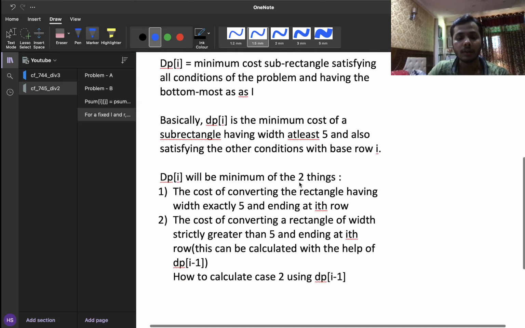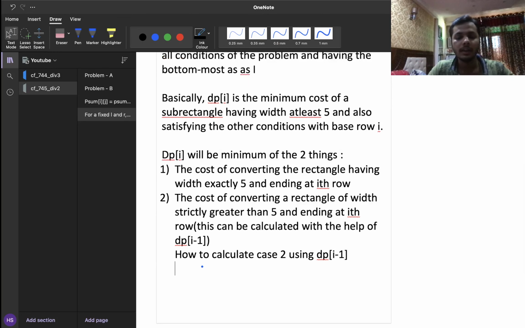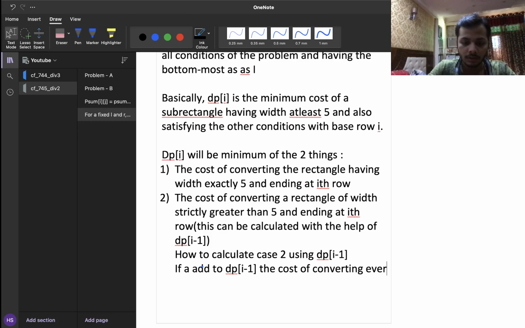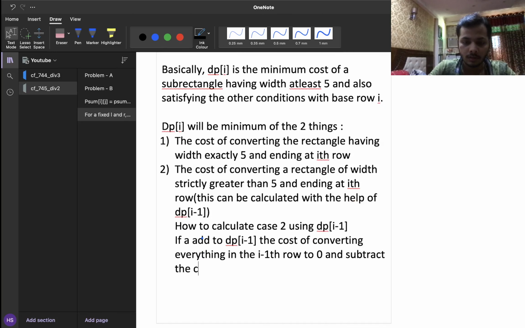So what I can do is, if I add to dp of I minus 1 the cost of converting everything in the last row, in the I minus 1th row, to 0, and subtract the cost of converting the I minus 1th row, barring the corner 2 cells, to black.